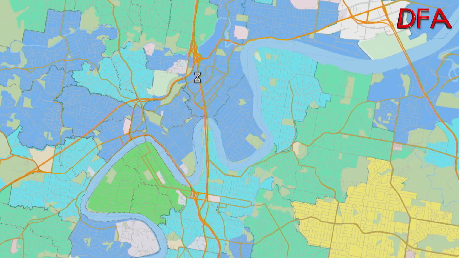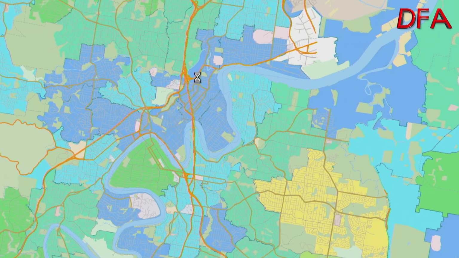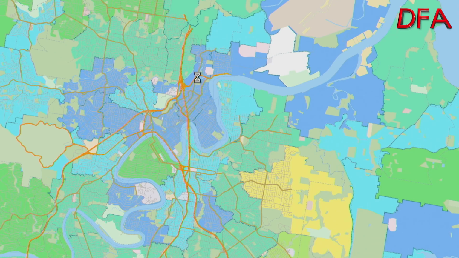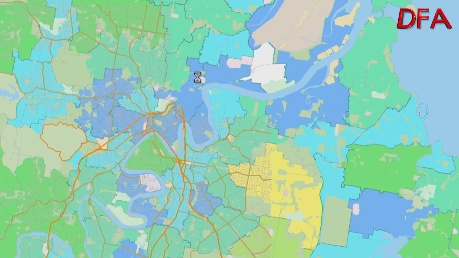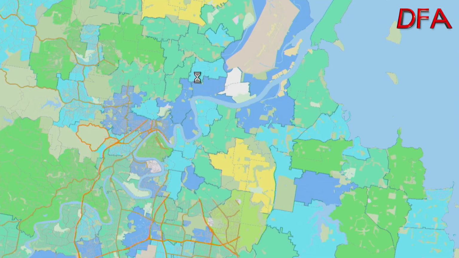And again, as I pull out from 4,000 in the centre of Brisbane, you can see that close in, stress isn't too bad at all, but as you pull out, you start to see one or two areas where there's more pressure on households.